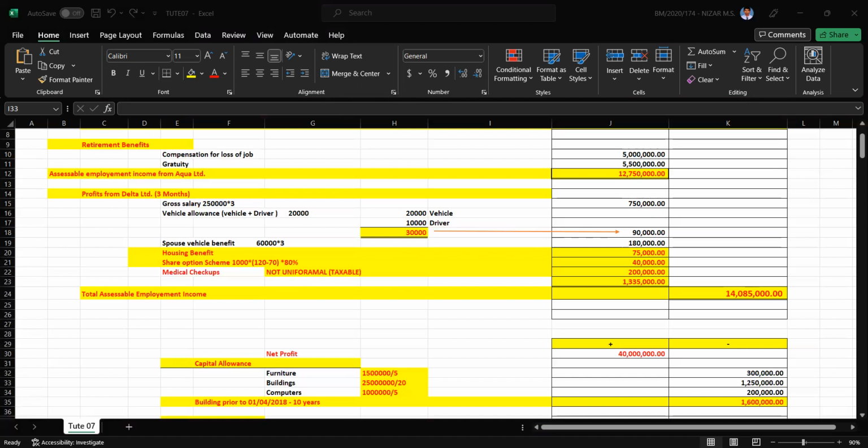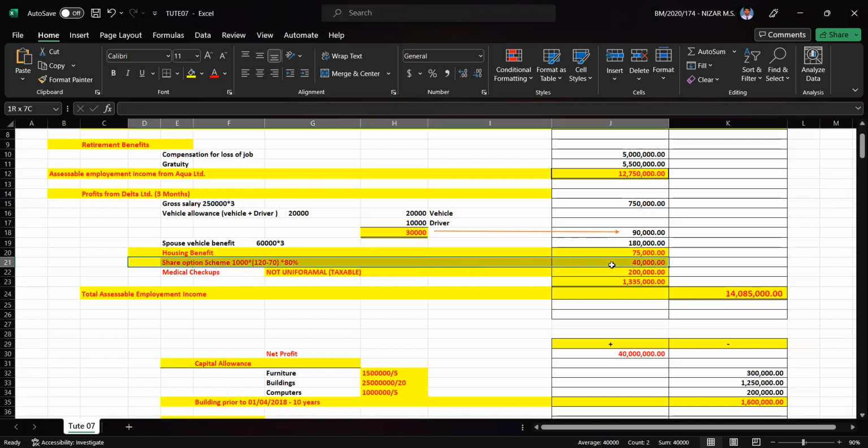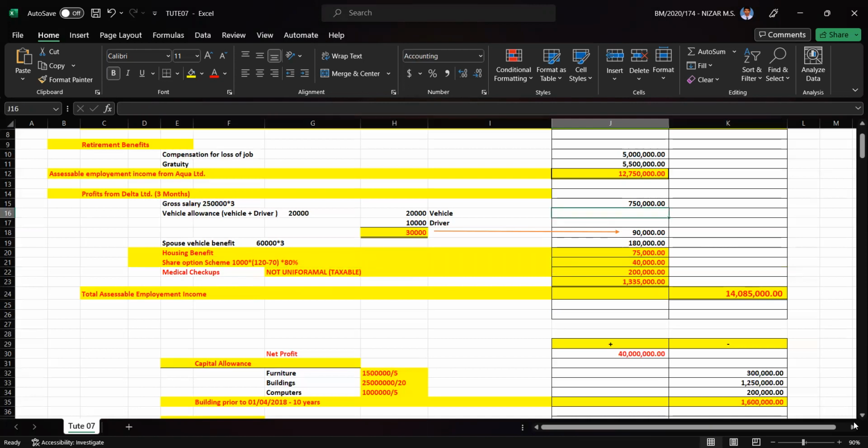So 1,000 times 50 times 6, at 80%, because he exercised not the entire 1,000 shares. Out of that, 800 shares only were exercised. To consider the share option scheme, you want to consider these things. I'm rushing through these and not discussing them in detail, because we repeatedly practice harder questions than this one.